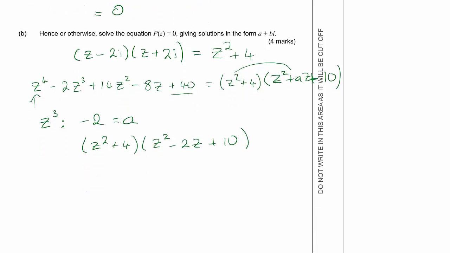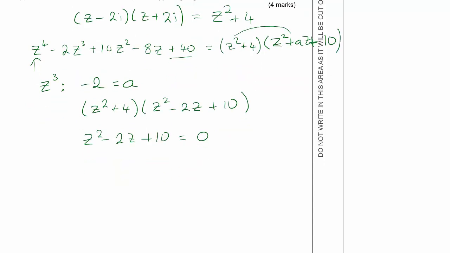So to find other solutions, I need to solve z squared minus 2z plus 10 is equal to 0. We could use the quadratic formula here, or I'm actually going to do this by completing the square. z minus 1 all squared, take away 1, add 10 is equal to 0.